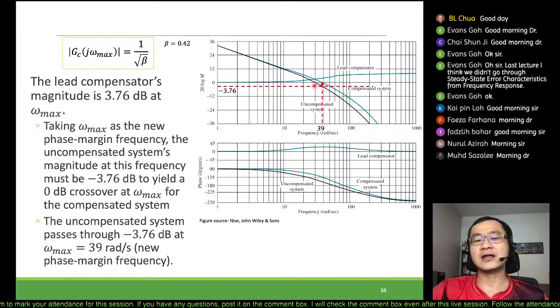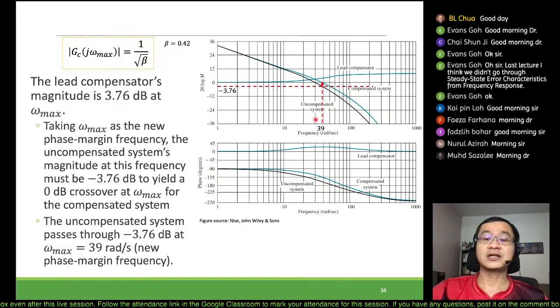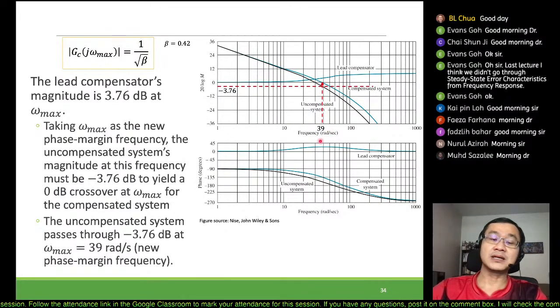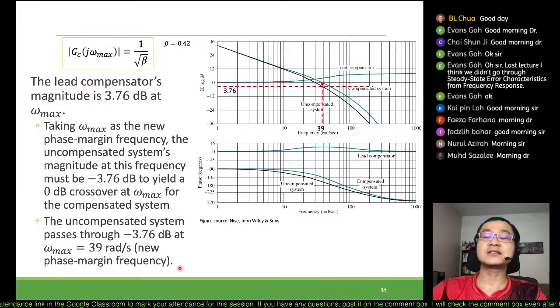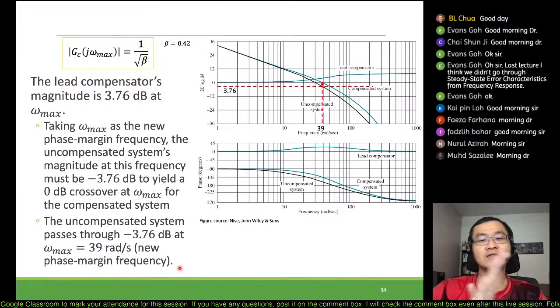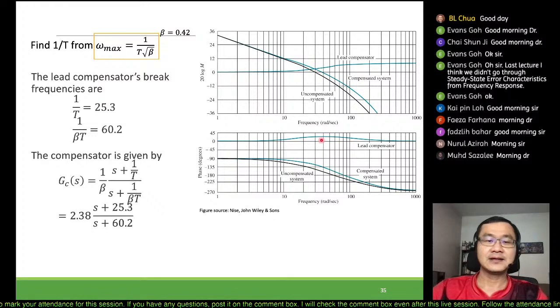We draw a line at minus 3.76 and cross it. That particular point occurs at 39 radians per second. This is what we call the new phase margin frequency, so you have a new value of 39 there.